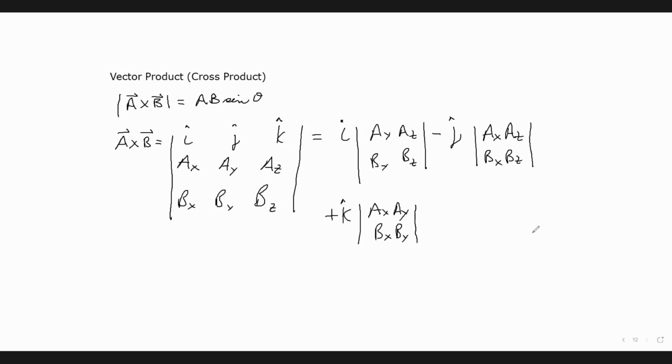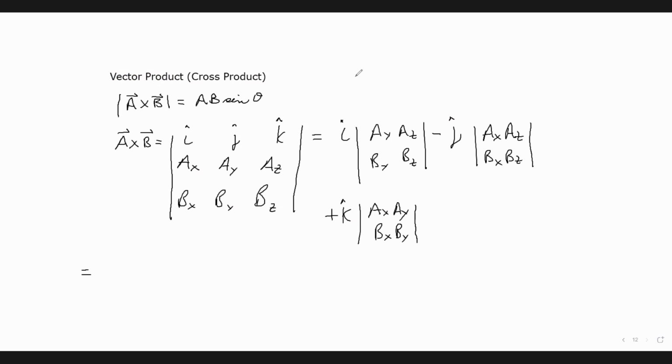No one? All right. So as I said, this is a mnemonic device for figuring out the components of the cross product. So the magnitude is AB sine theta. The direction is given by the right-hand rule. But if you want to write it in components, you use this mnemonic device. So how do I expand this?